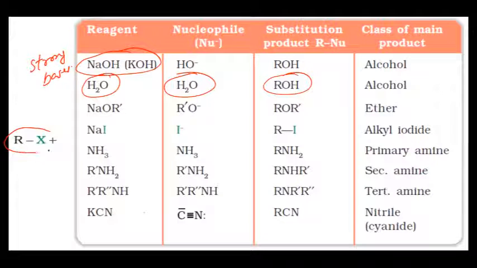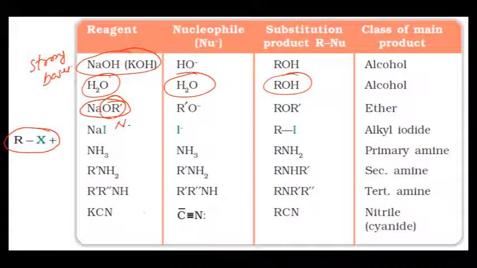Then the reaction of alkyl halide with NaOR, say CH3ONa or C2H5ONa. With this one, the nucleophile is this one.